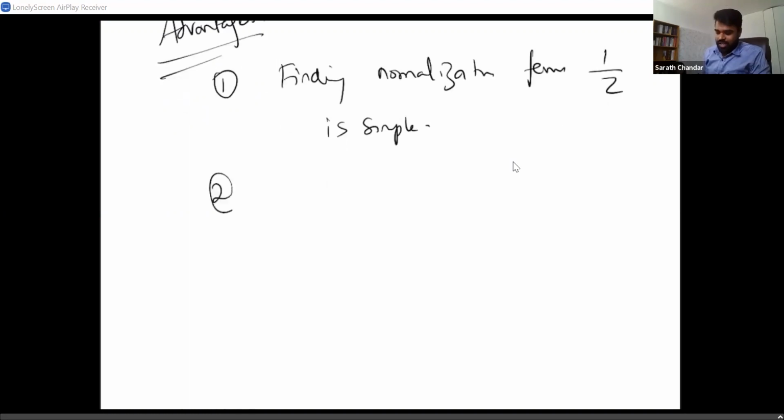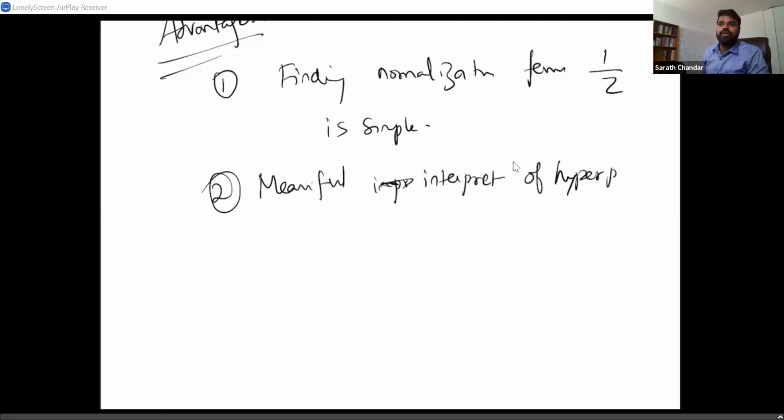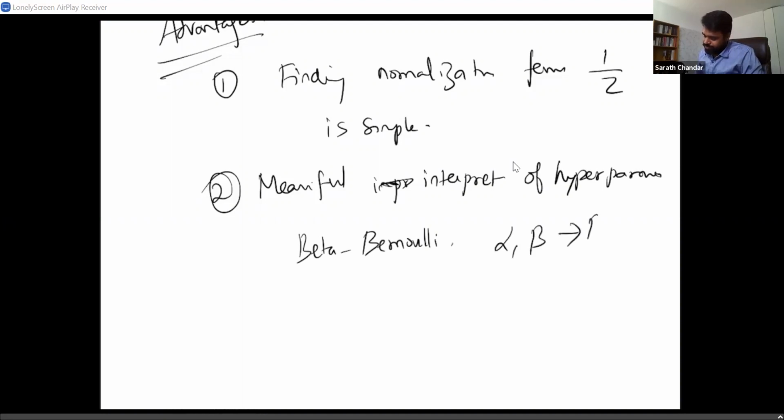Second of all, it gives a more meaningful interpretation of hyperparameters. That is why in the case of beta Bernoulli, we had an interpretation. What was the interpretation? Alpha and beta are basically pseudo counts, right? We can have such an interpretation for every conjugate prior.